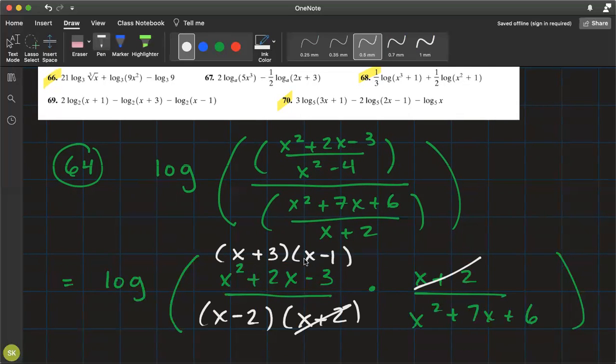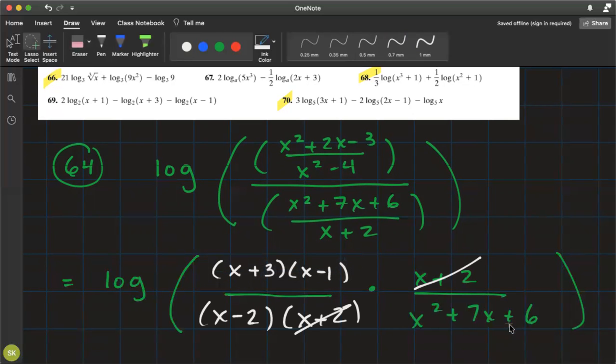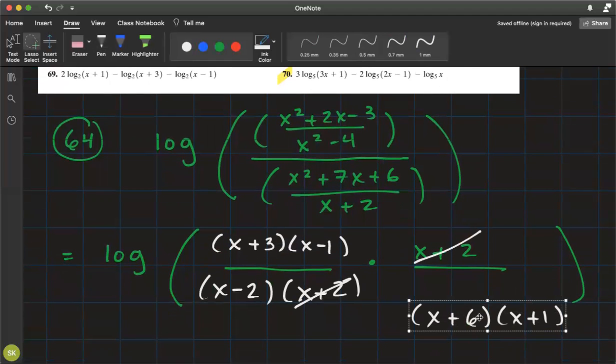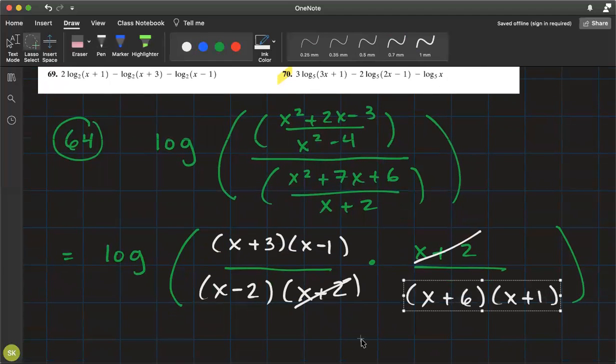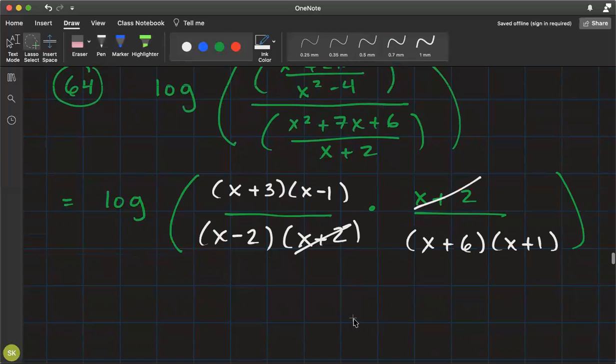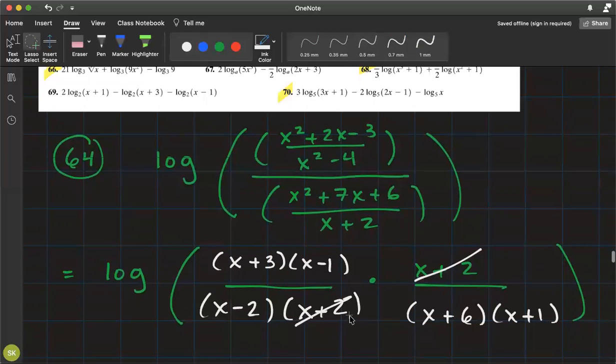Let's see, 3x, 2x, -3. Yeah, so let's cross this out and put that here. And what about this one? I think this factors into x plus 6, x plus 1. You have to be really good with your factoring here. So let's move that guy up here. Now, can we factor any further? Is there anything I can get rid of?